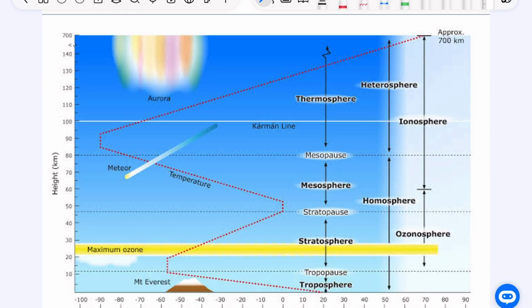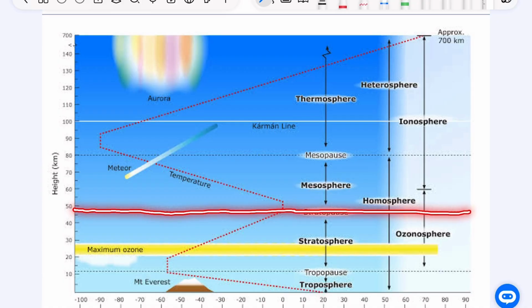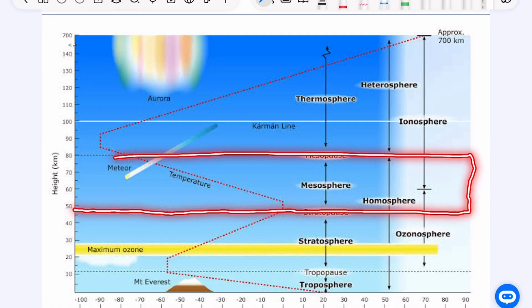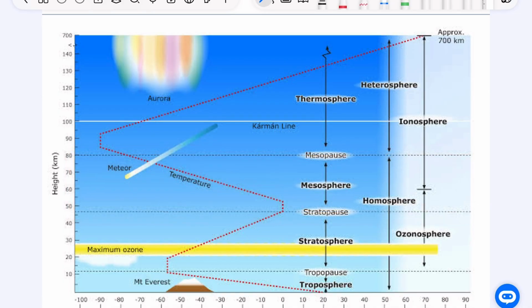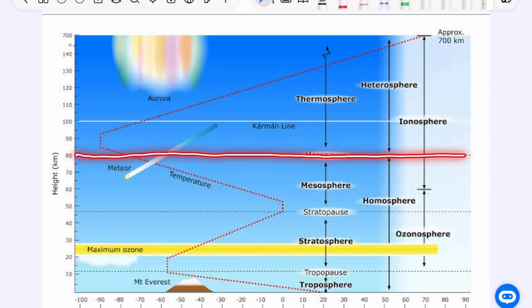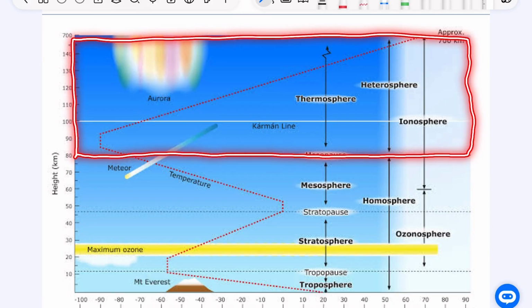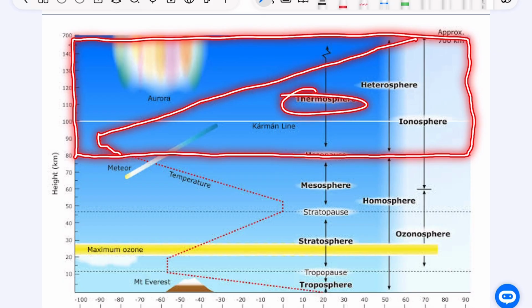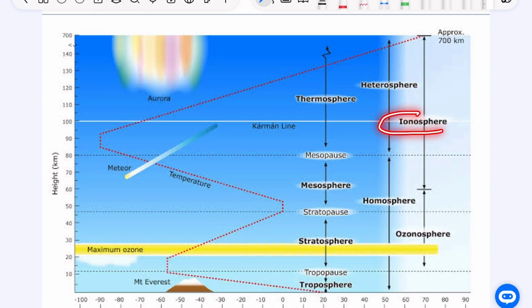And then we have the mesosphere, which is from 50 kilometer to about 80 kilometer, in which temperature decreases with increasing altitude. Then after the mesosphere we have the thermosphere, in which again temperature increases with increasing height.